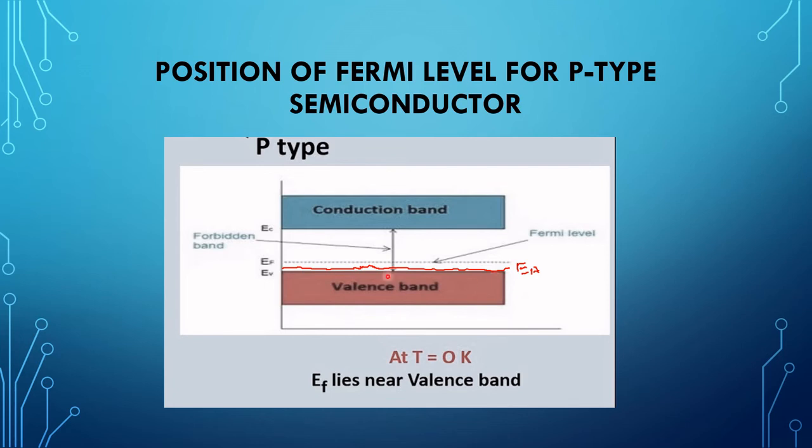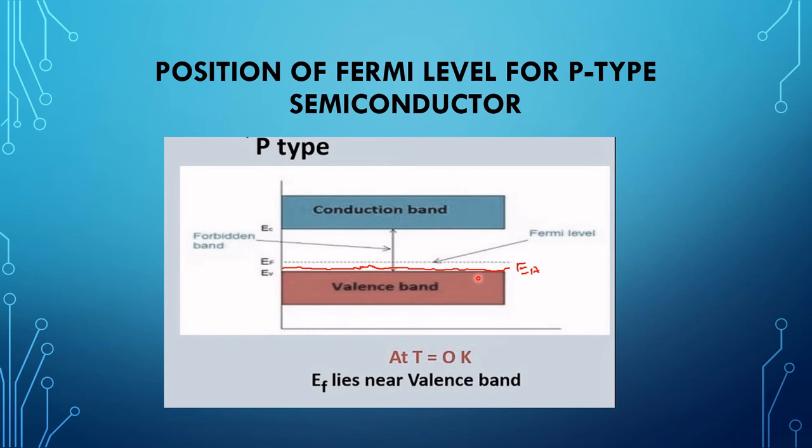So this is the position of Fermi level for p-type semiconductor. That is, the Fermi level lies at the edge of the acceptor level or the valence band. For intrinsic semiconductor, the Fermi level lies in the middle of the conduction band and valence band, or the middle of the forbidden band gap.